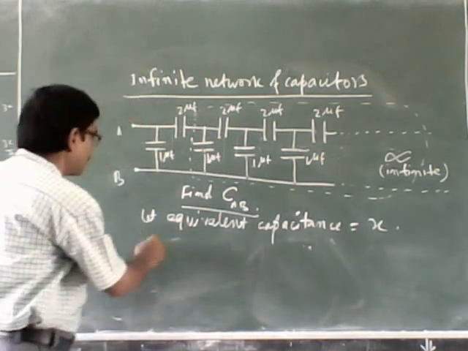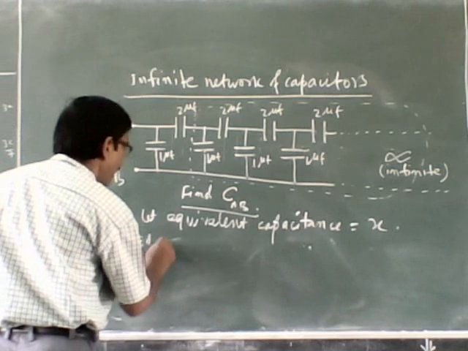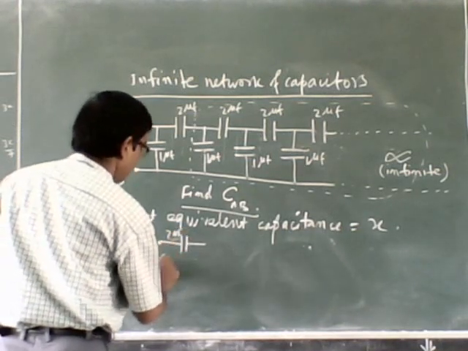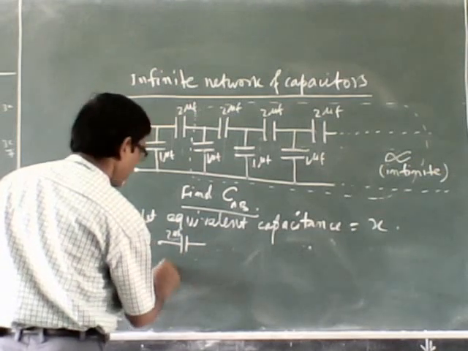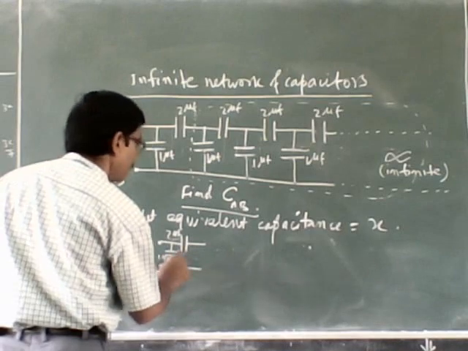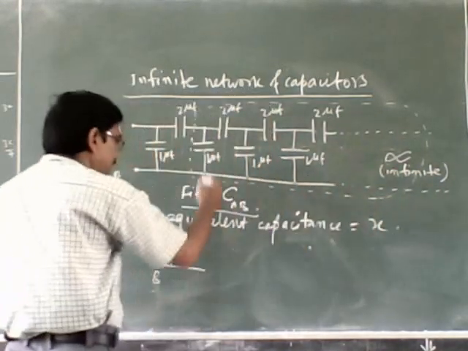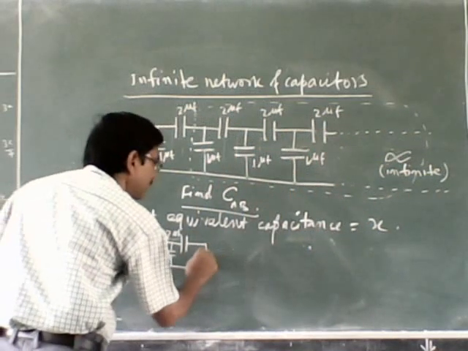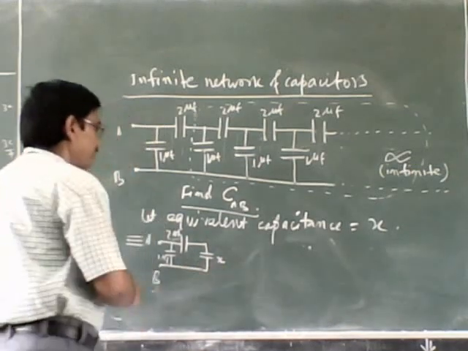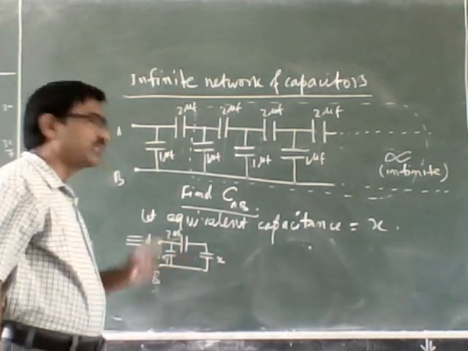So what will be the equivalent circuit diagram? This is point A, this is 2 microfarad. Okay, this is point B, this is 1 microfarad, and the equivalent capacitance of this combination is X. Now, how are X and 2 connected?